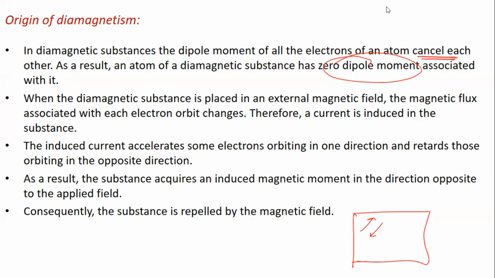As a result, the substance acquires an induced magnetic moment in the direction opposite to the applied field, and because of that, the substance is repelled by the magnetic field. So the substance acquires a magnetic moment, but this acquired magnetic moment is opposite to the magnetic field, and therefore when we place such a substance in a magnetic field, it is repelled.